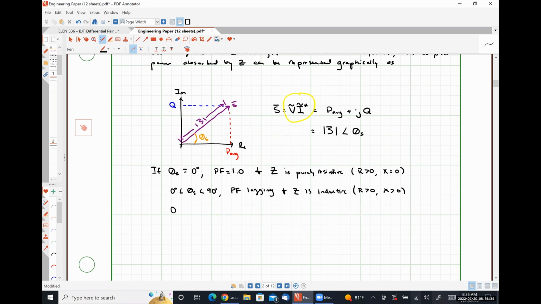If theta S is exactly equal to positive 90 degrees, our power factor is 0, and our load Z is purely inductive, R is equal to 0, X is greater than 0.